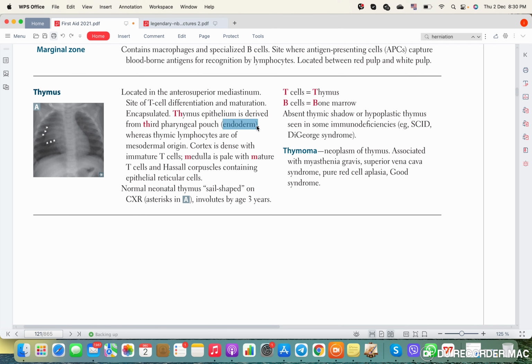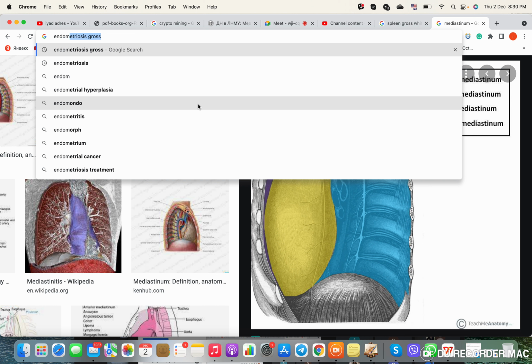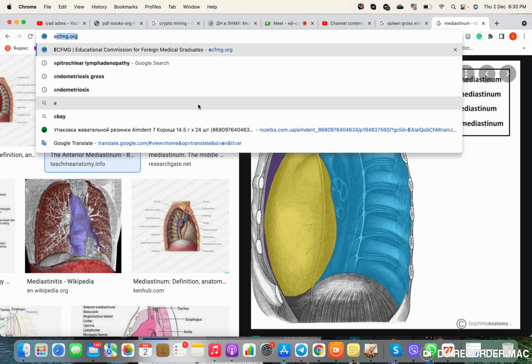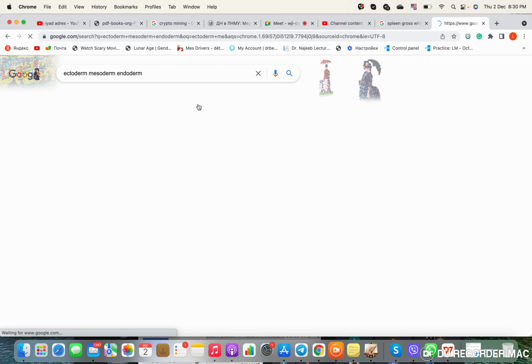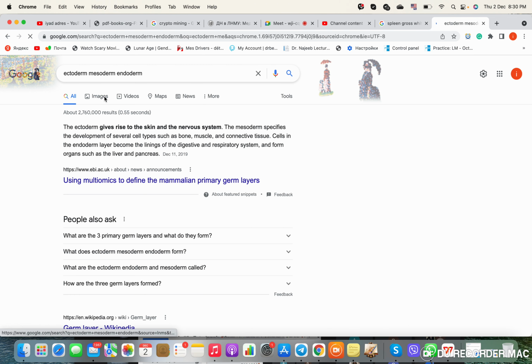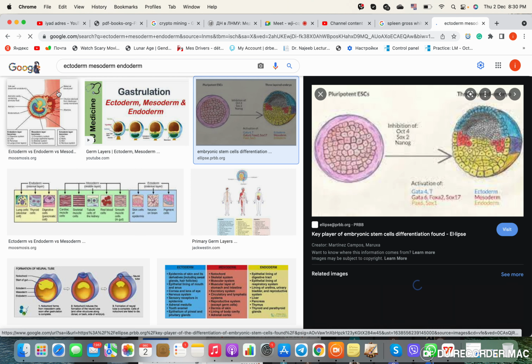Just a quick thing about endoderm and mesoderm. After a sperm connects with an oocyte, they create a zygote. This zygote will keep moving until it binds to your uterus. After that happens, the next step is, here it is.